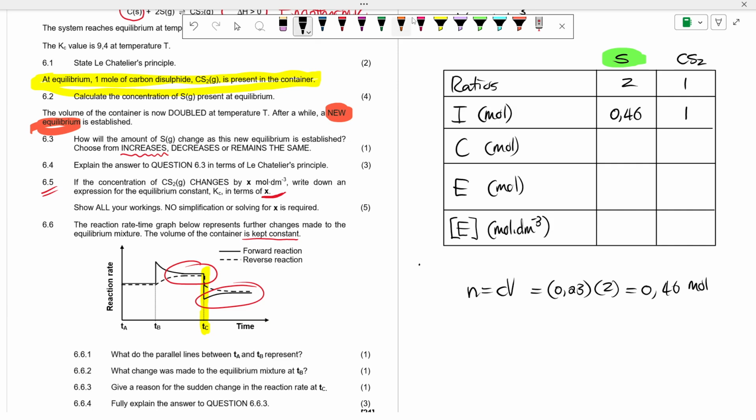But here's some information that they gave. They say if the concentration of CS2 changes by X, and this change is in capital letters.